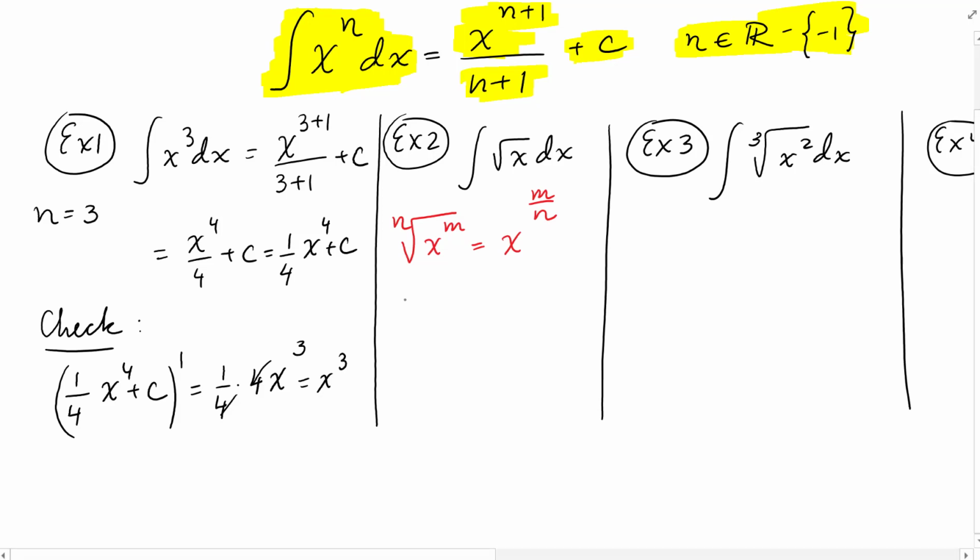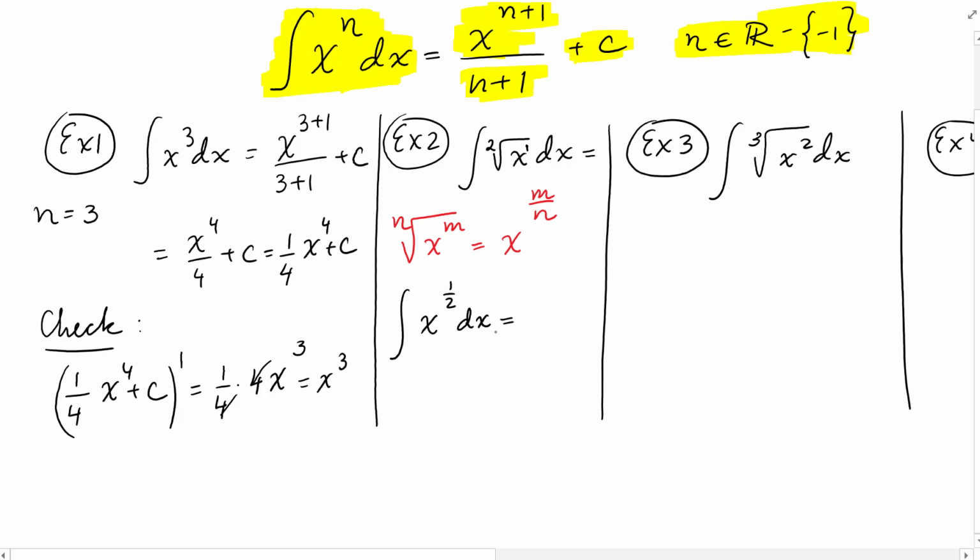In our case, the integral of square root of x dx is going to be the integral of x to 1 over 2. Why? Because the index of the root is 2, we don't usually write it, and the power of x is 1, we don't usually write that either, because it's just exactly that number. So we change it from radical notation into rational.